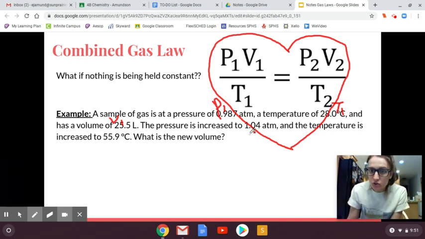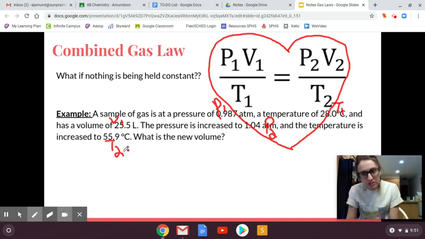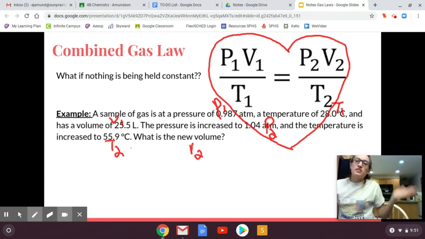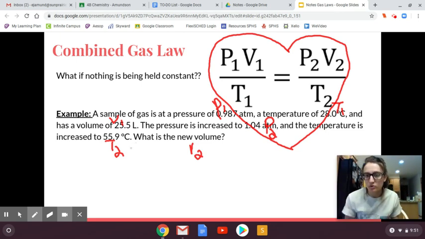The pressure is increased to 1.04, so we have a change in pressure. P2 is 1.04 atm. And the temperature is increased to 55.9 degrees Celsius. So now we're changing pressure and we're changing temperature. Based off of both of these changes, we want to know what is the new volume, what is V2, okay? Since nothing's being held constant here, we have to use the combined gas law.